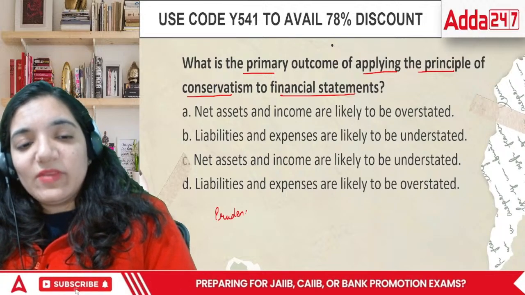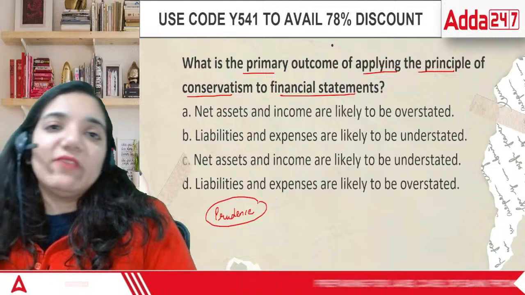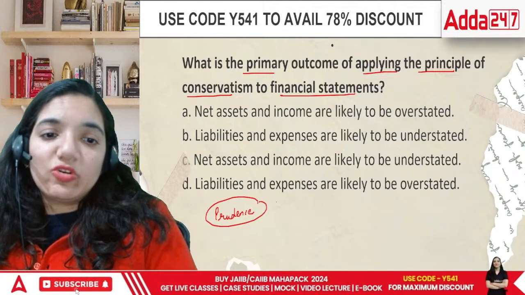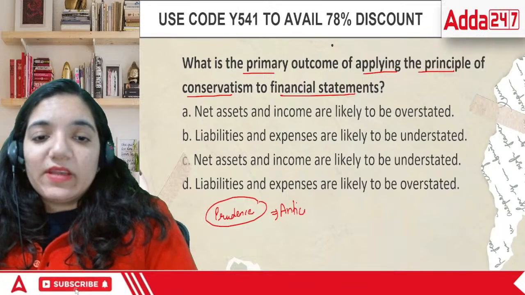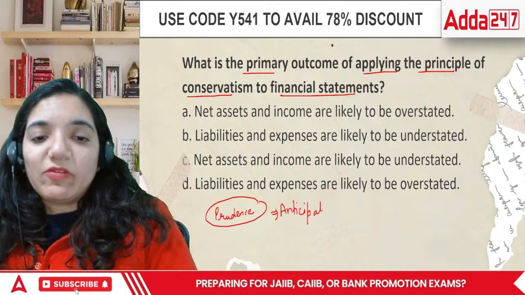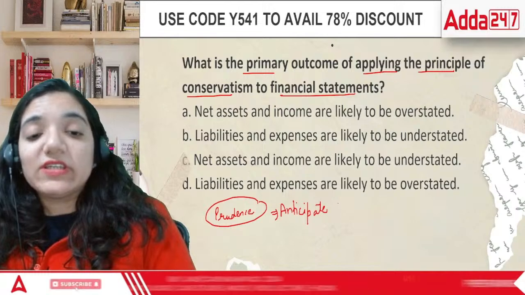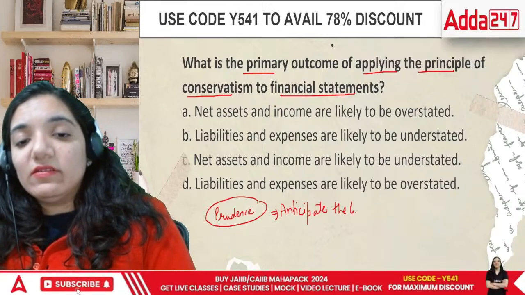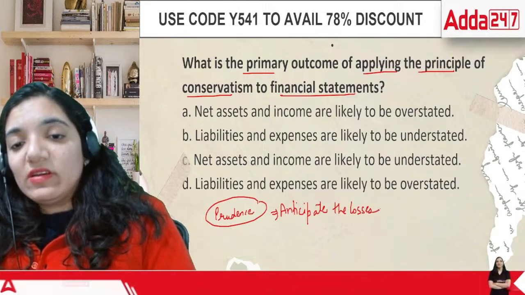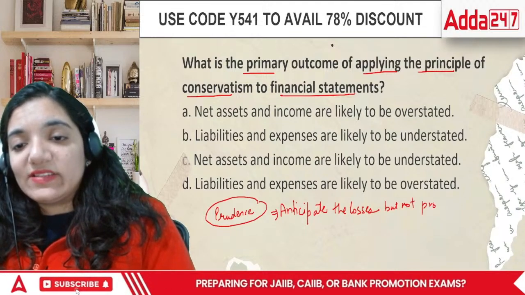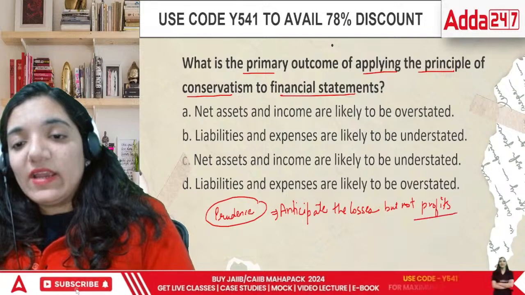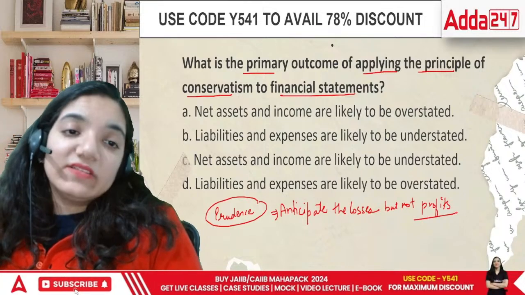Prudence is that you should be ready for your losses, but you should not be thinking about the profits that are yet to come. Till the time you don't receive the profits in your hand, do not think of it. Anticipate the losses, but not profits. That's the ideology behind the topic of conservatism.